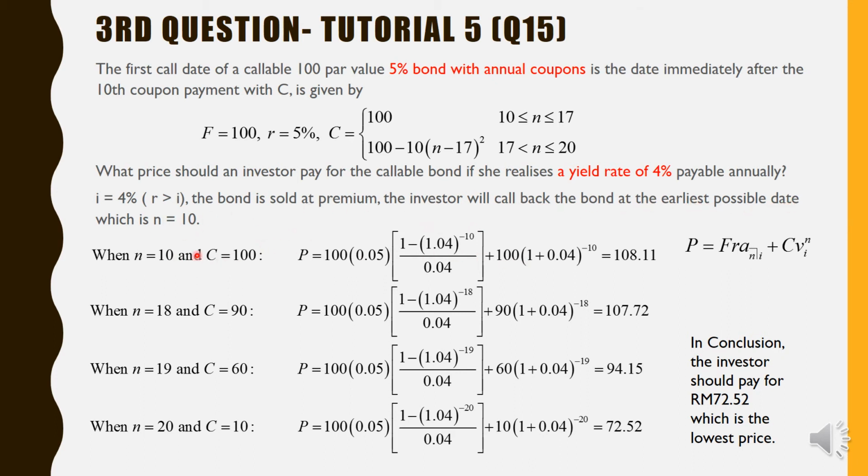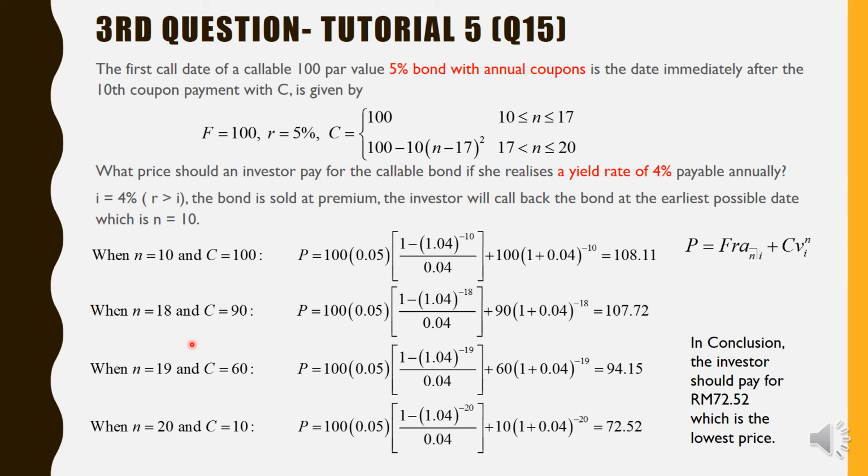Then we substitute n equals 10, C equals 100, F equals 100, R equals 5% into this formula and we will get 108.11. And then for n equals 18, 19, and 20, we cannot just choose n equals 18 because the redemption values for these three are different.